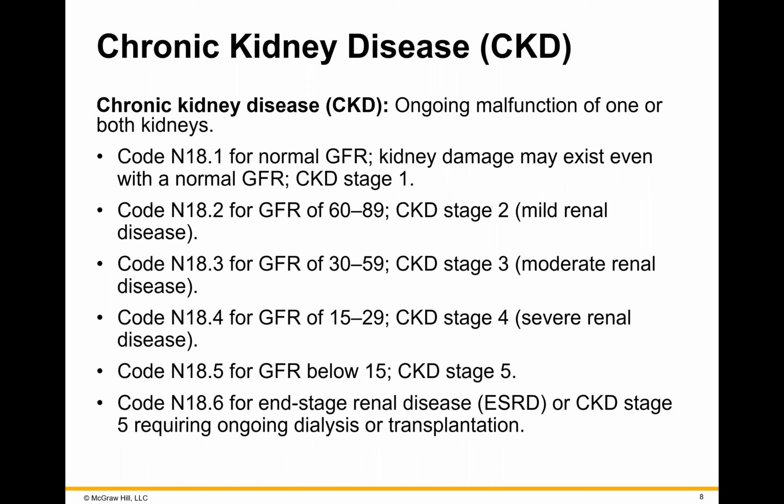So based on the GFRs, we can have chronic kidney disease stage 1, stage 2, and so on, all the way up to end-stage renal disease, which is 6. Your code book lays out what the GFRs are. The important thing to remember is that for chronic kidney disease, the 3-character code is N18, and the 4th digit is the stage. It matches stage 1, the 4th character will be 1, and so on.